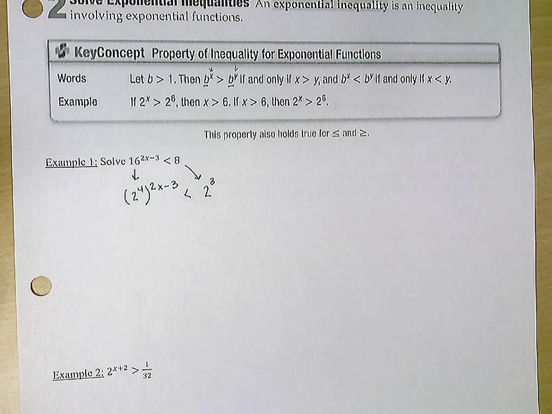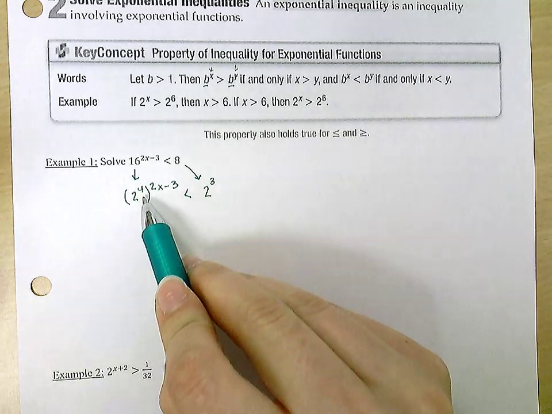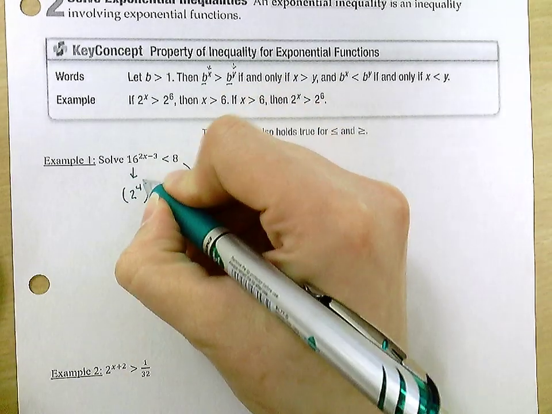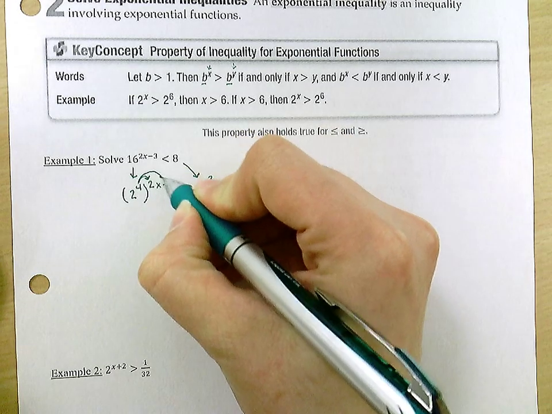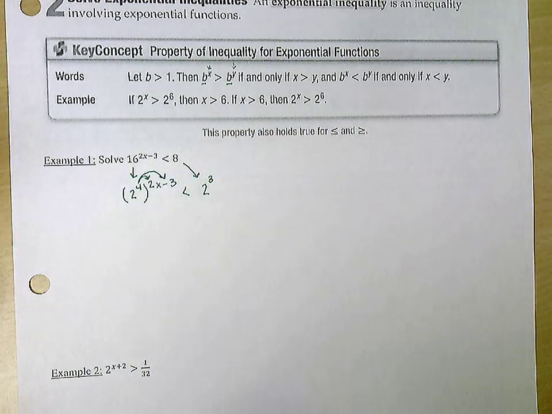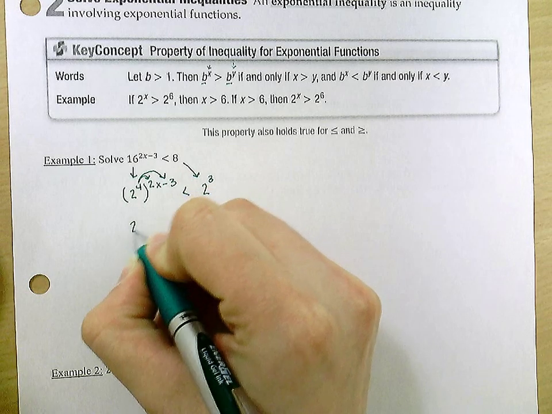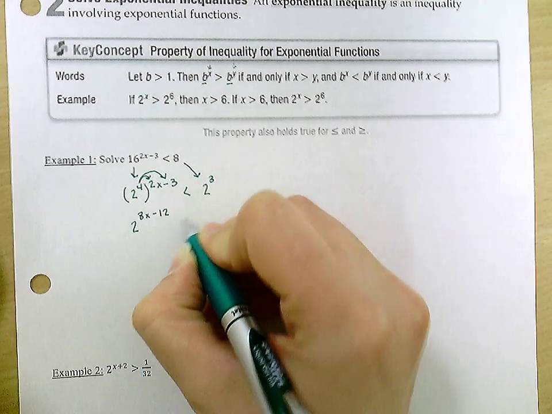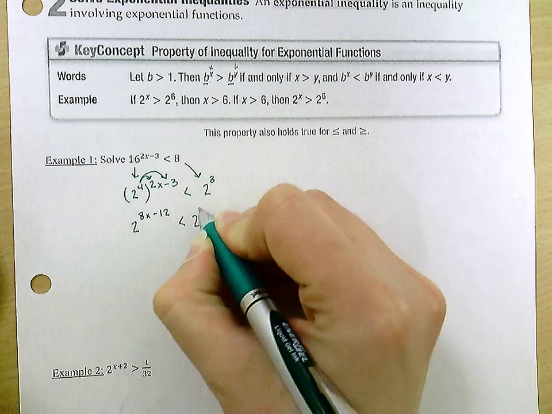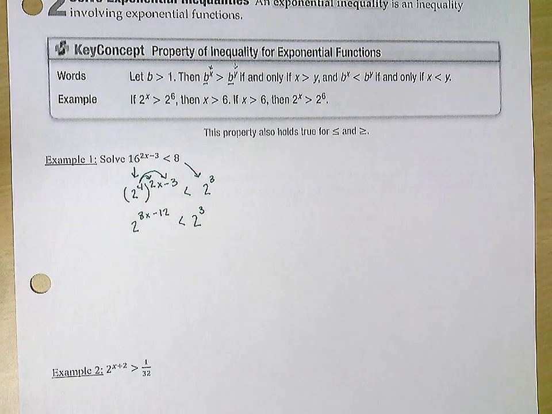Now that I have this common base of 2, what I can do with this power here is distribute that 4 to both terms. So I would have 2 to the power of 8x minus 12 is less than 2 to the power of 3.